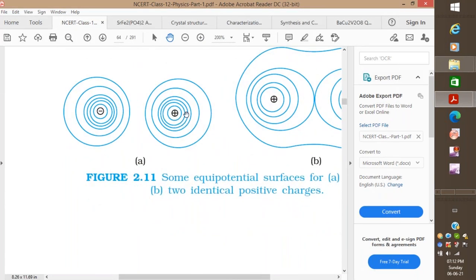You can understand that their centers have been shifted a little bit, because these two charges actually attract each other, negative and positive.